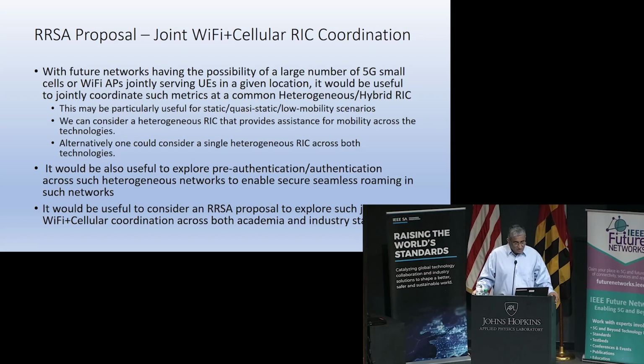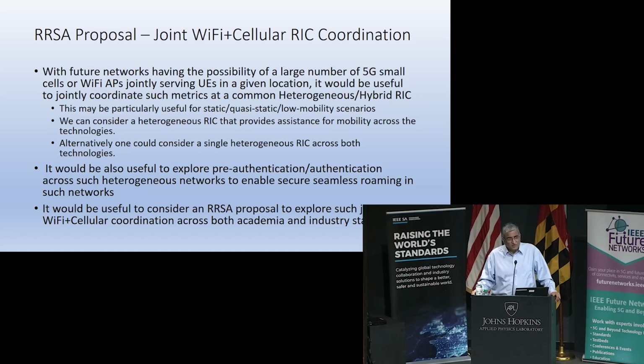So we could think of enhancing an existing RIC to do this, or we could think of a separate heterogeneous RIC that then combines information across technologies. And also, within 3GPP, there is non-trusted access and trusted access.